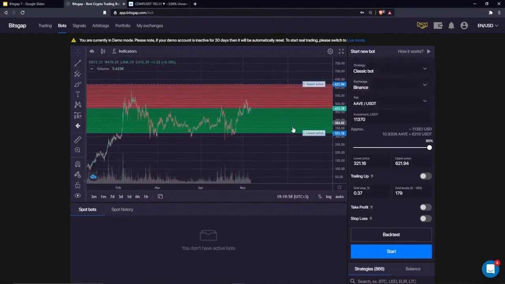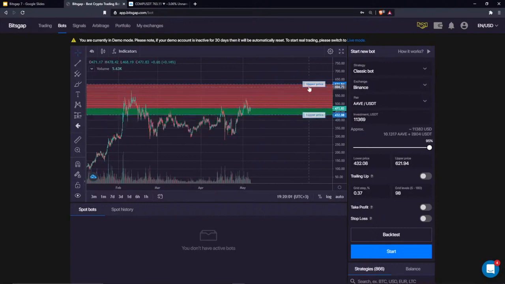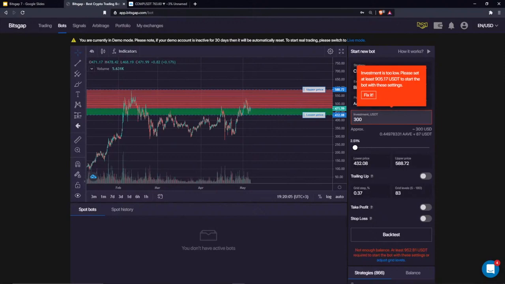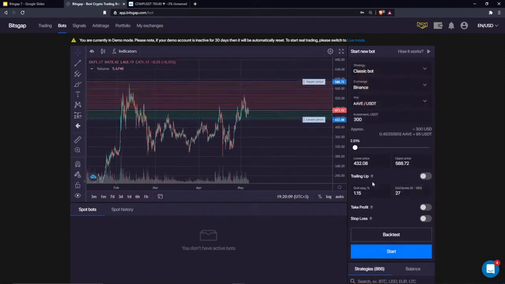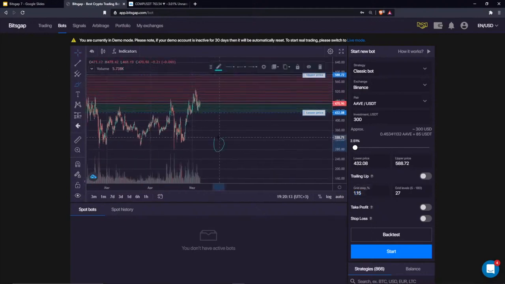So yeah, let's go back to the initial configuration, like this one, 300 investment, I think. Yeah, that's the one we had. Adjust. Yeah. So for me, this grid step is good enough. It's a decent value. I usually trade from 0.67, the last one I traded, up to around 1.2%.